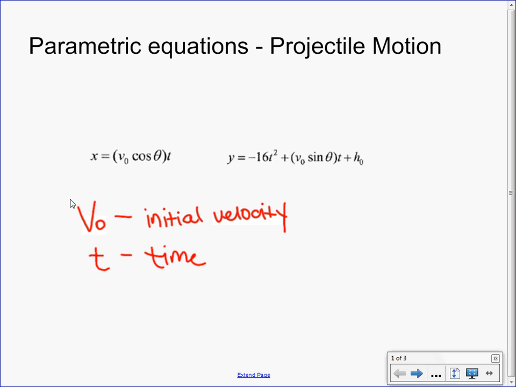Now, you'll have to read the problem to determine what units your time is in. Same with velocity. What is that H naught going to stand for? Height. Which height? Initial height. Anytime you see that sub-0, okay, that's talking about when time is 0, aka initial.